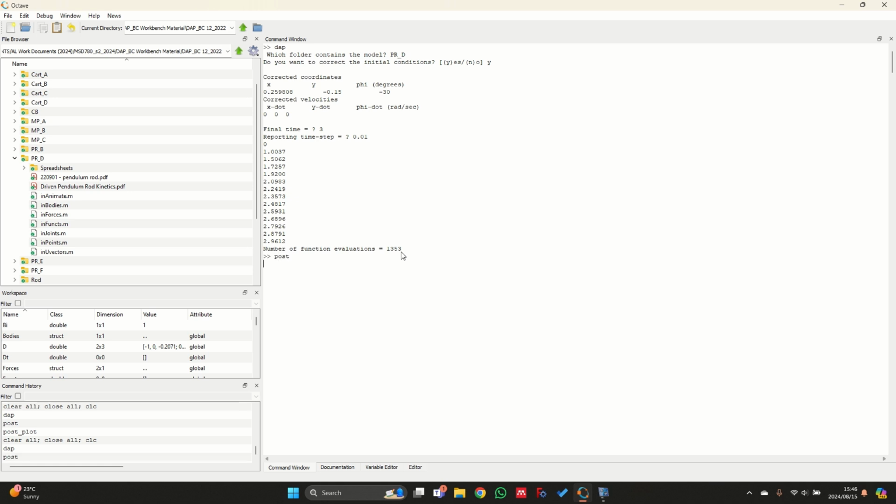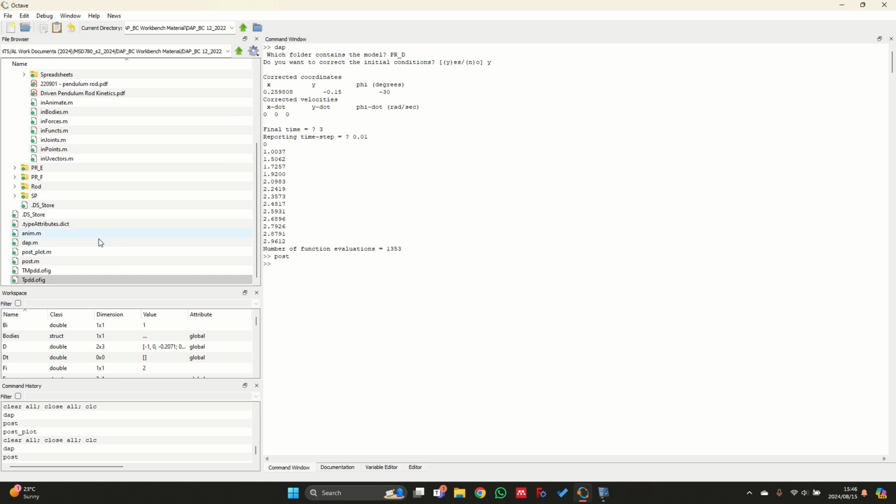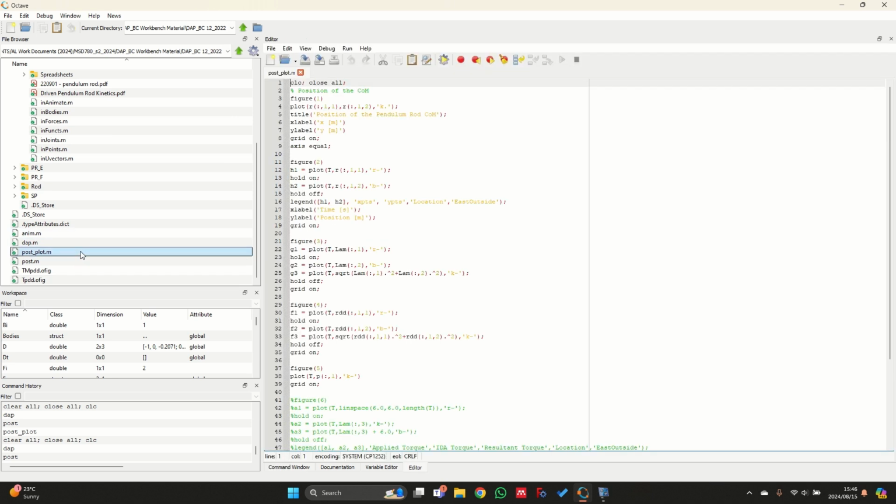Now if I run post, I want to plot, let's say, the coordinates of the points. So I'm going to post plot over here. The coordinates of the center of mass of pendulum rod body 1. And instead of using these dots, I'm just going to use a line.